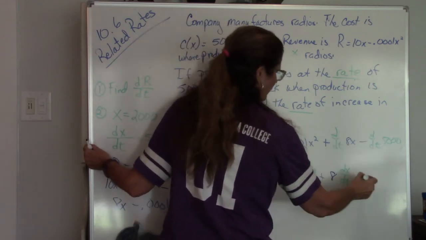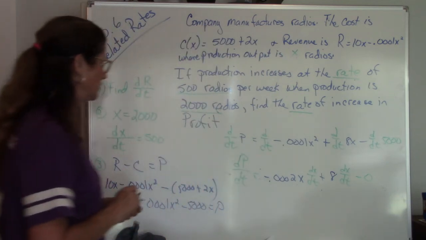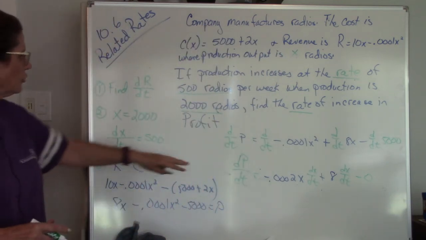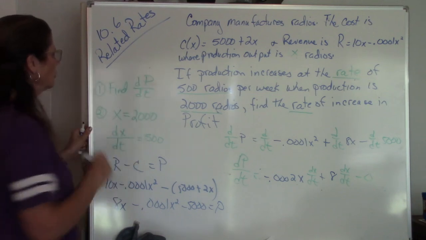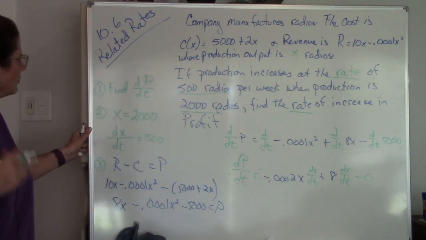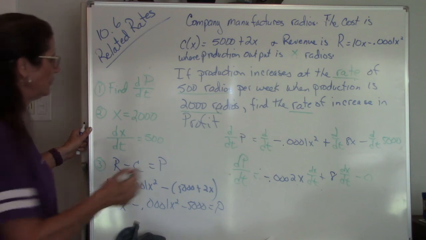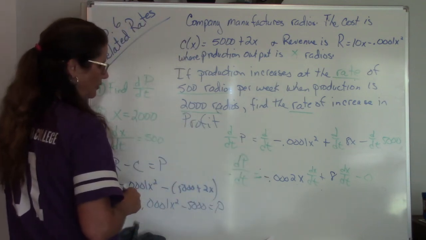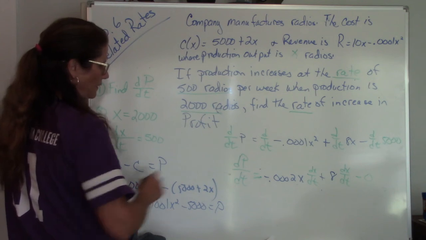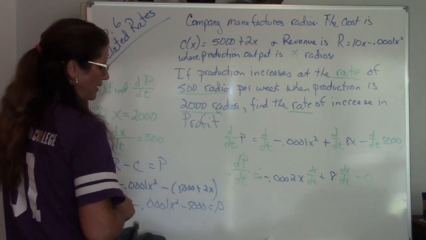And then the derivative of 5,000 is just 0. Okay? So our dP/dt, that's what we're looking for. Sorry, I didn't change this. We're looking for how the profit is changing in terms of time. It's already set in the correct position. So dP/dt is already by itself.